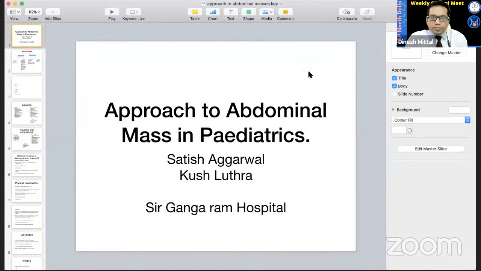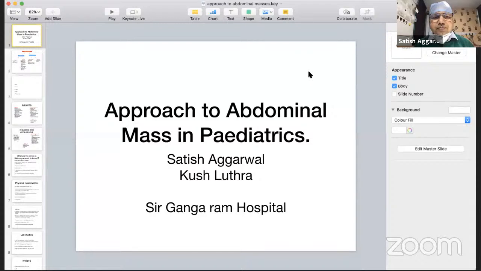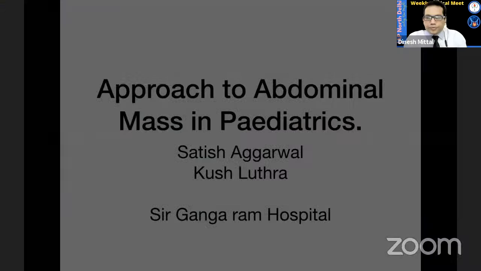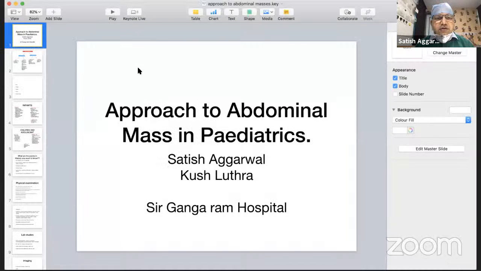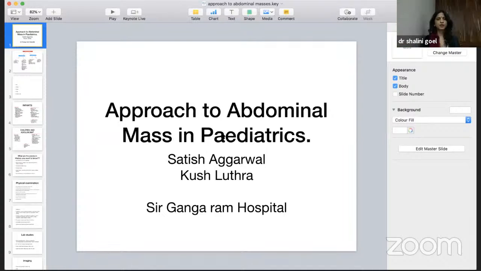Is the screen visible? Yes, sir, it's visible. Maybe I will run it like this so that you can see the cursor also. Are you able to see the cursor? Yes, sir.